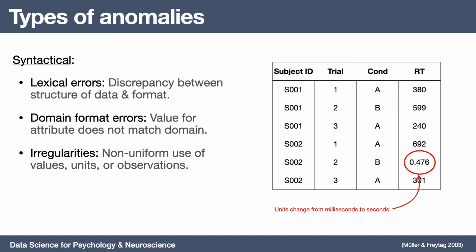So syntactical errors are all really related to just a misprint of something that was supposed to be a clear value. So they're just the syntax of how an observation or a value was put into the data table was wrong.